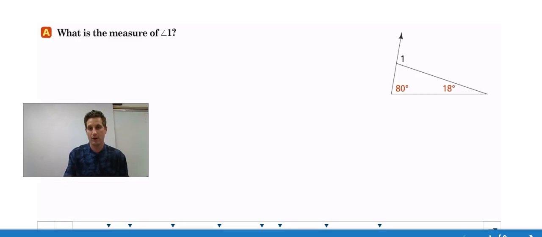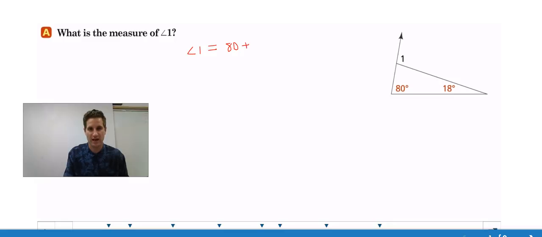Okay, this one, super easy. What is the measure of angle 1? Well, there's two ways I could do this, right? I could add 80 plus 18, find this angle, and then find what it's supplementary to. But the exterior angle theorem states that this angle, angle 1, is going to be equal to the two remote interior angles.